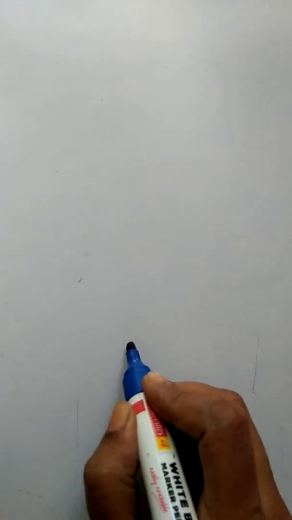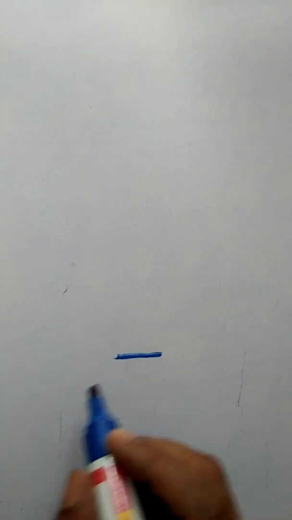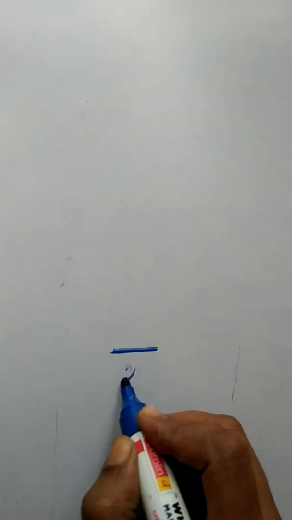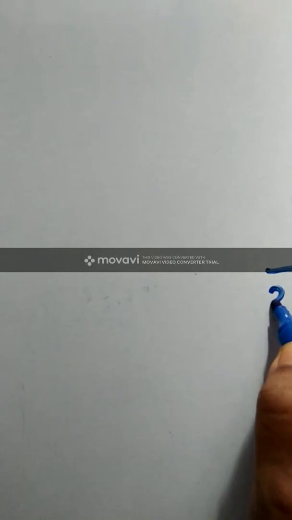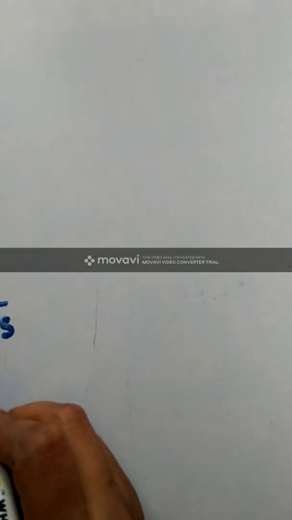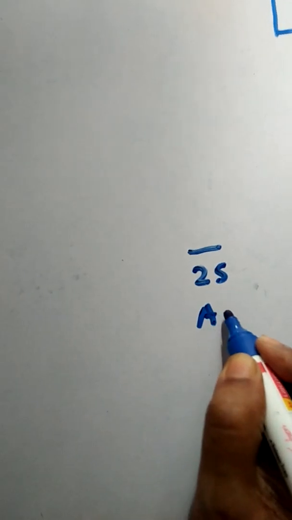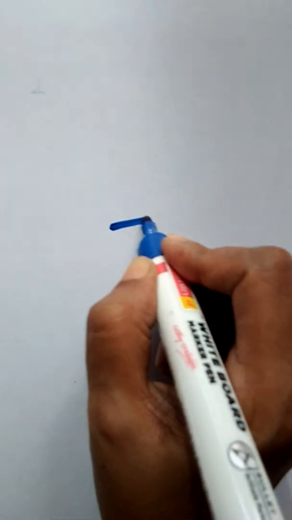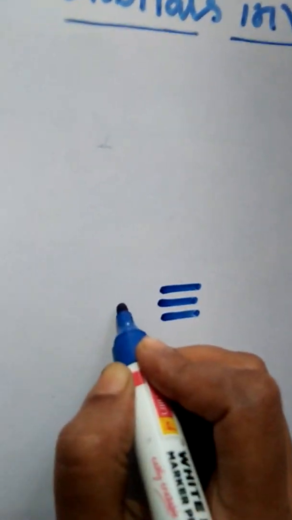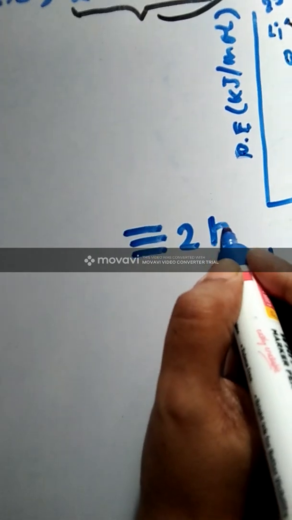So now first we will write the 2s atomic orbital for these atoms, like for boron or carbon or nitrogen. First we are drawing the 2s atomic orbitals. Now we will write the 2p atomic orbitals, and on this side also we will have 2p.